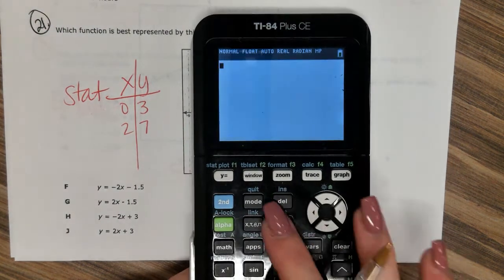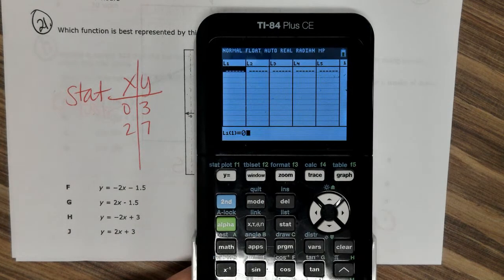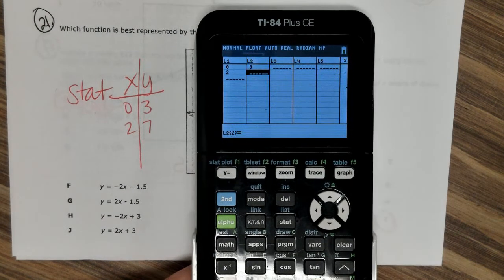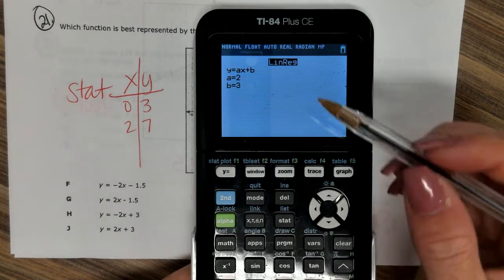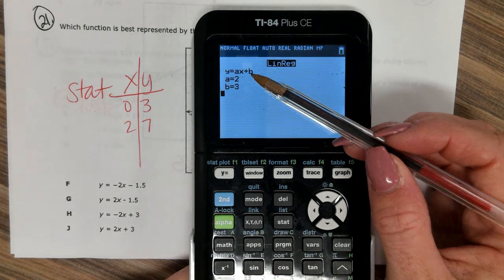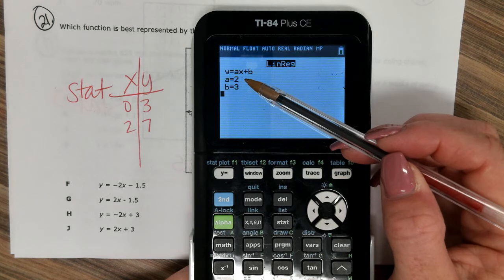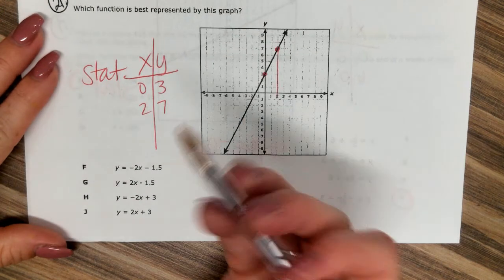I go to stat, edit. 0, 2, 3, 7. Stat calc. What's my slope? Guys, this is the last question. I need y'all to sit up and pay attention. What's my slope? 2. What's my y-intercept? 3. So what's the answer? J.